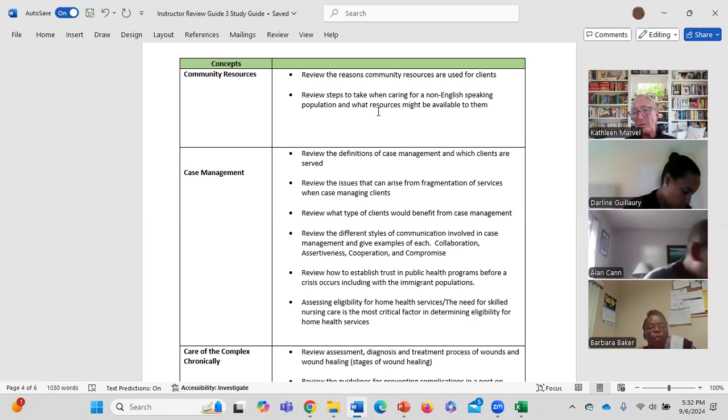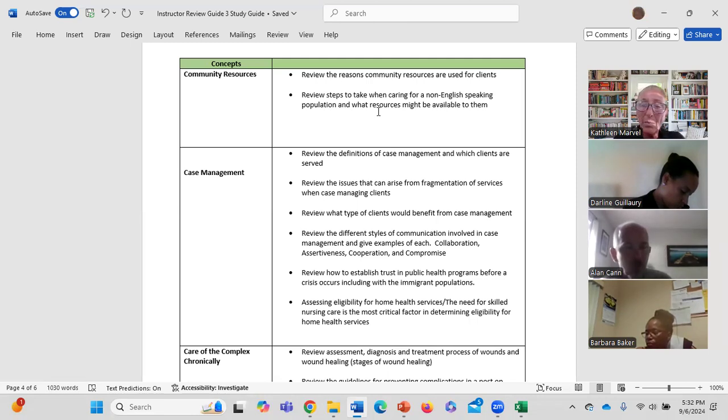And then case managers use all different kinds of communication, right? We collaborate. Sometimes we have to be assertive in being advocates for our clients. We can cooperate and we can compromise. They're dealing with a multitude of agencies, a multitude of resources to get accomplished what needs to be done for the client.